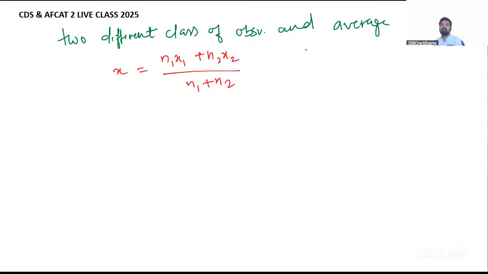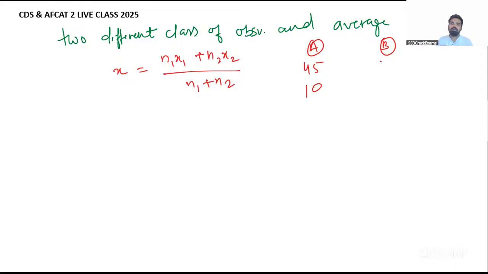What does it mean? Suppose we have two teams, team A and team B. For the first team, the average score of a team is 45, and the total number of players is 10. Everyone mute yourself. So the average score of a team is 45, and the number of players is 10.